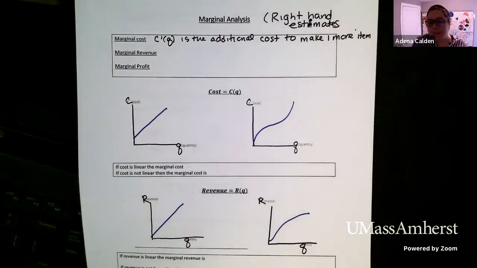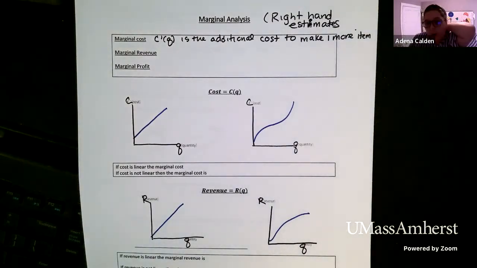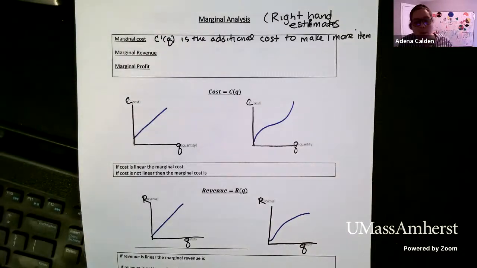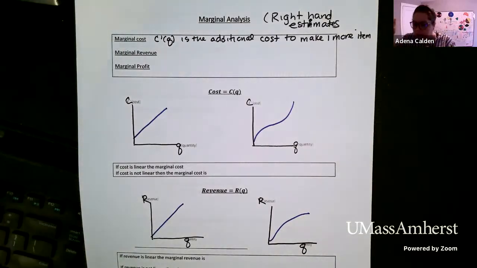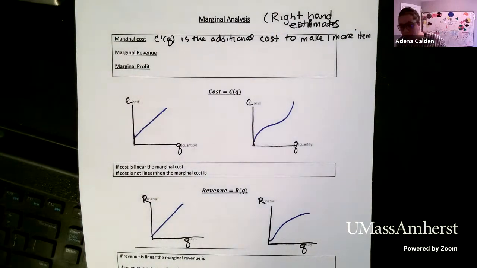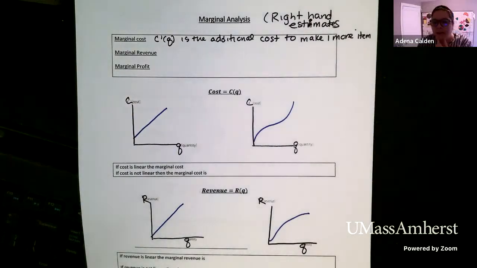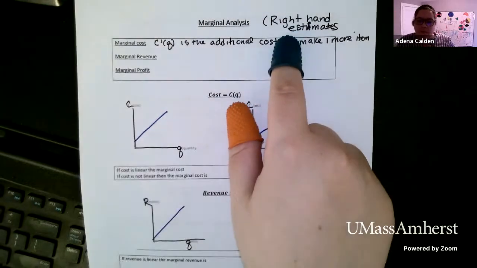When we are talking about business, we are always doing the right-hand estimate. And the reason why is because we're always talking about what happens to make or sell one more, which means we're going to the next one in business to decide if we should do the next one.